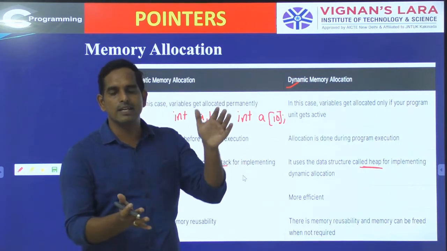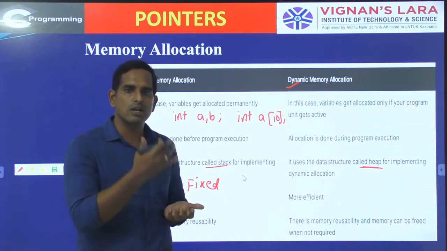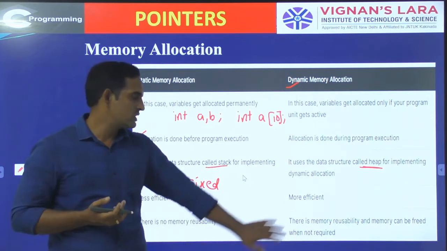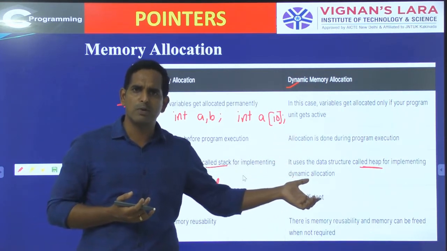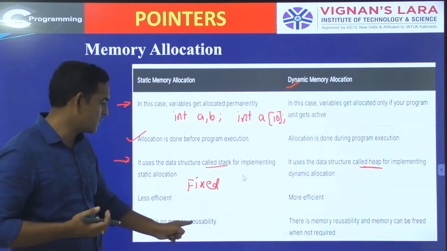You can increase the size of your memory. You can allocate more elements based upon your application's request, so this is more efficient while implementing your memory allocation. In static allocation there is no memory reusability.